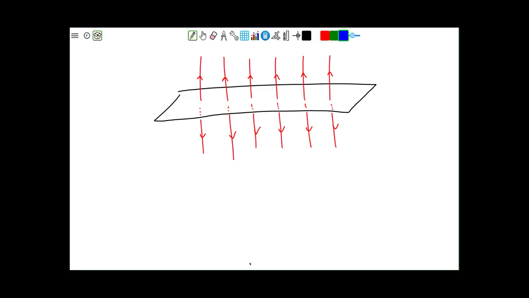Our Gaussian surface is a box; it doesn't have to be a cylindrical box, but I'm going to choose this as an example, and then I'll show you a rectangular box. So if we have a box formed in the shape of a cylinder, notice how the electric field looks exactly the same whether we are on the top surface of the box or the bottom surface of the box.